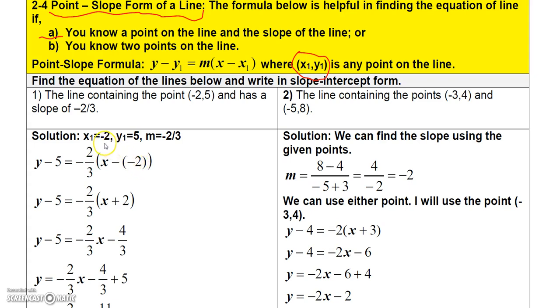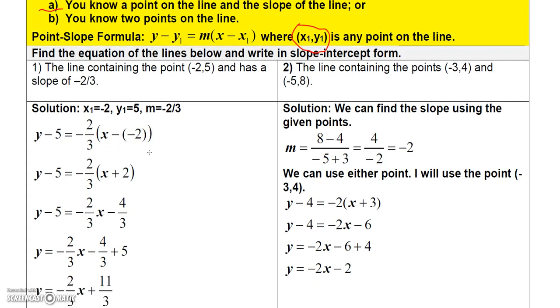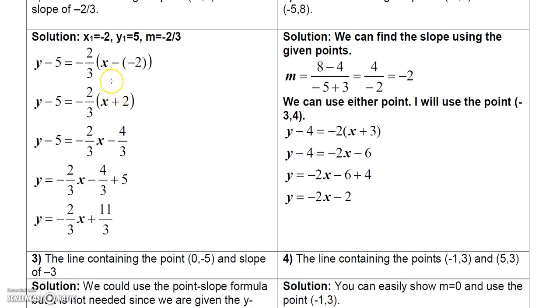And the x value is -2. So you would have y minus 5 equals -2/3 times the quantity x minus -2. Now I know that's actually going to be x plus 2, and you could skip that step if you wanted to, but let me go ahead and do that here. So x minus -2 is simply x plus 2.